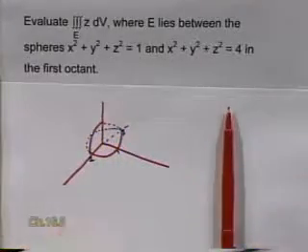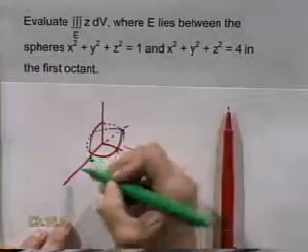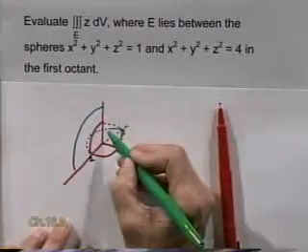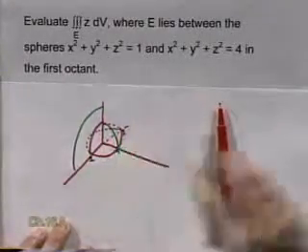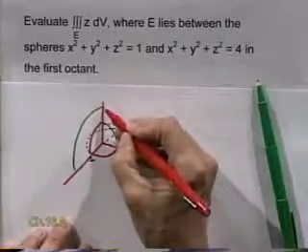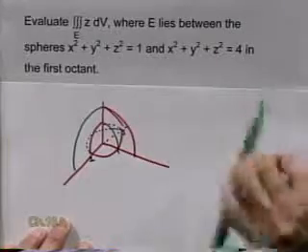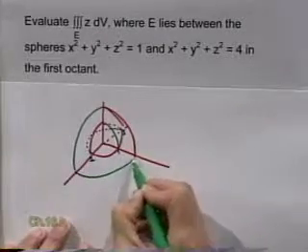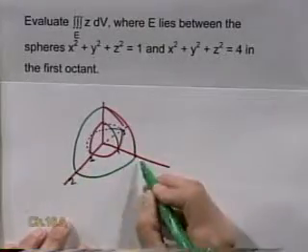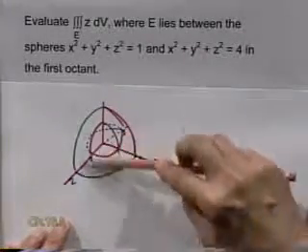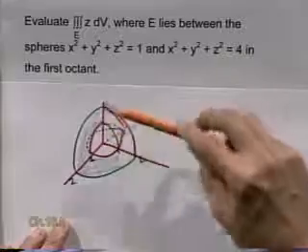Okay, that looks good. The other one has a radius of 2. Oh, but we only want, excuse me, the first octant part. So think of it as like you're coring an apple. You with me? Radius 2, and we want the part that's between both of them. You see that?